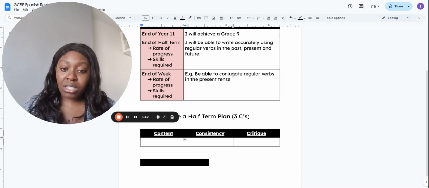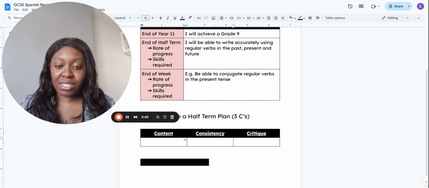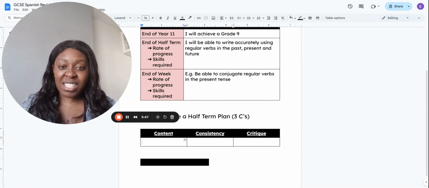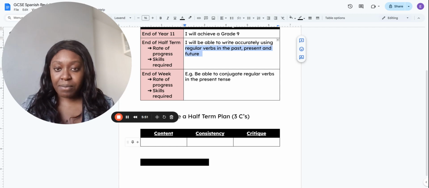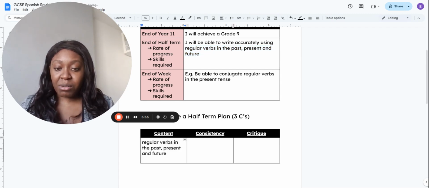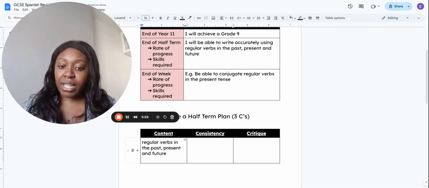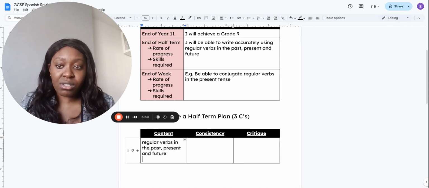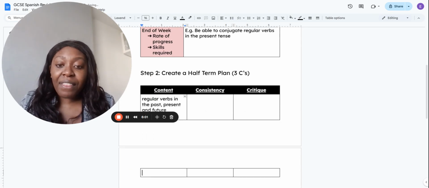So content, what are they going to be focusing on? Well, that is nice and simple because that's in your end of half term target. Okay, so you're going to be focusing on regular verbs in the past, present, and the future tense. That's going to be the content of our revision. Where are you going to get that from?